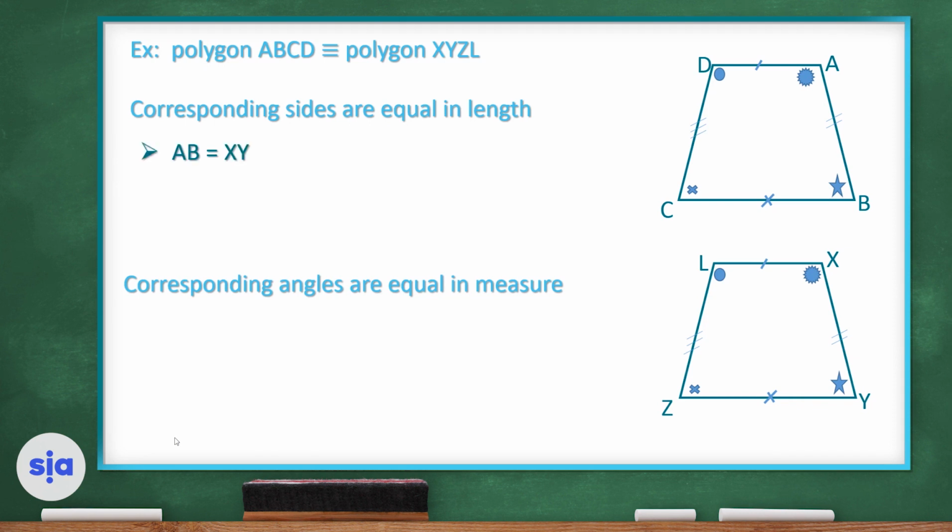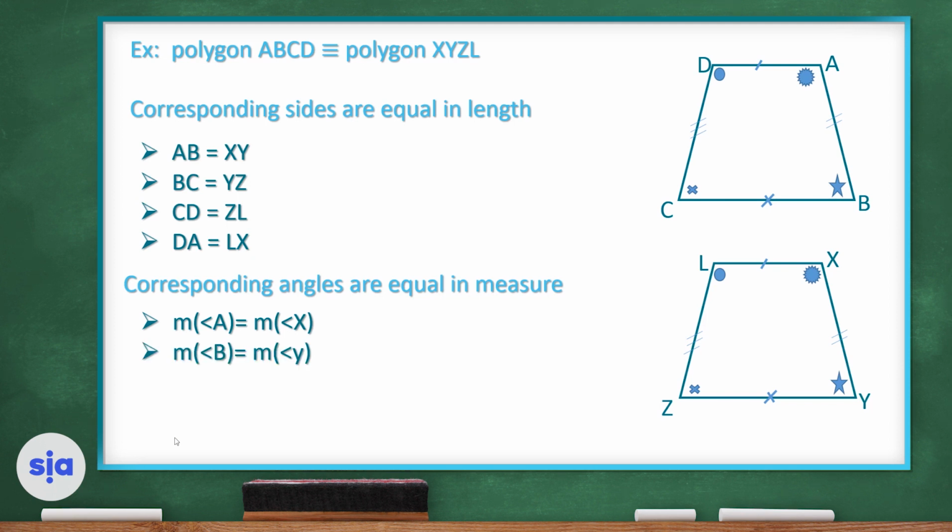Side AB is equal to XY, side BC is equal to YZ, side CD is equal to ZL, and side DA is equal to LX. About the corresponding angles that are equal, measure of angle A is equal to measure of angle X, measure of angle B is equal to the measure of angle Y, measure of angle C is equal to measure of angle Z, and measure of angle D is equal to measure of angle L.